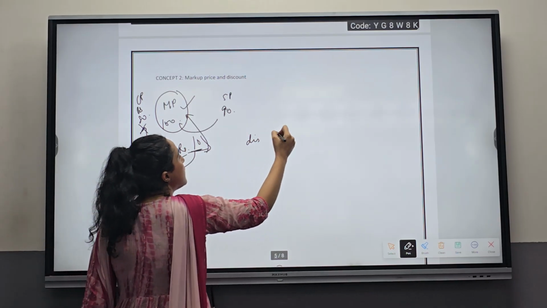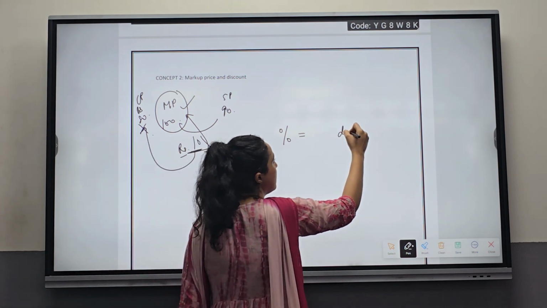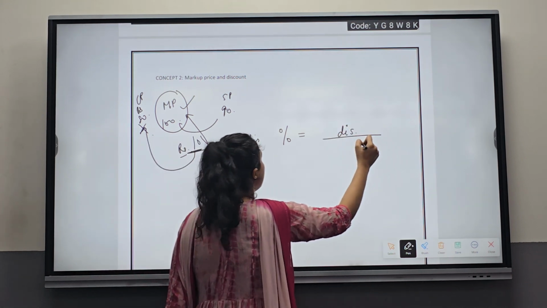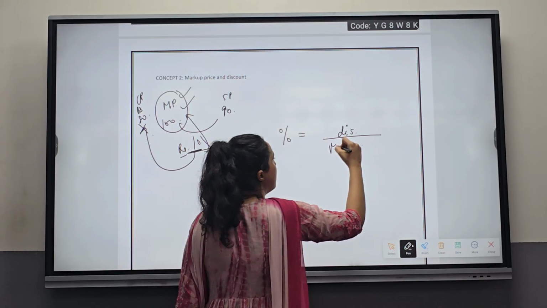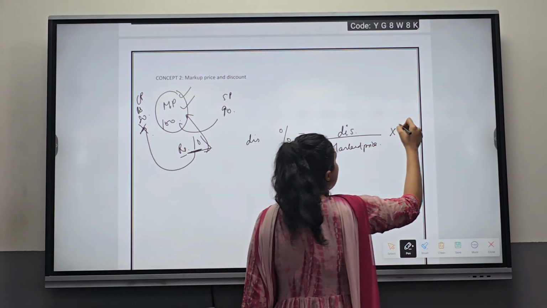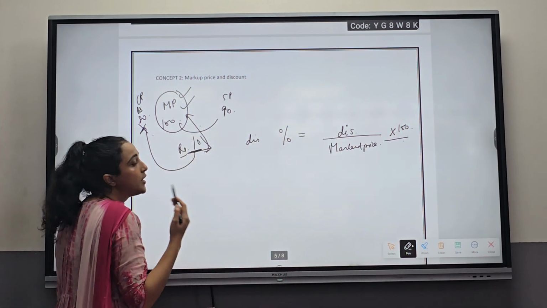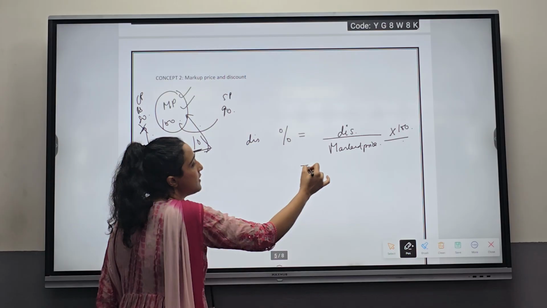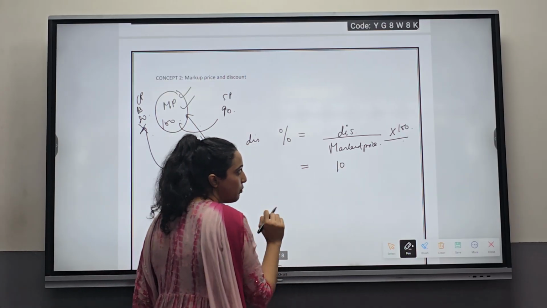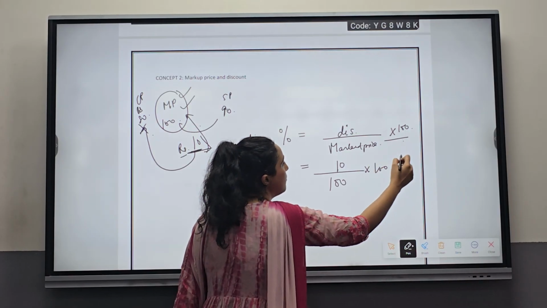So if I ask you what the discount percentage is, rupees 10, that is the discount amount, divided by the marked price multiplied by 100. So again, in this question, if I ask you what is the discount percentage, you will say discount amount was 10 rupees, marked price was 100, multiply by 100%.